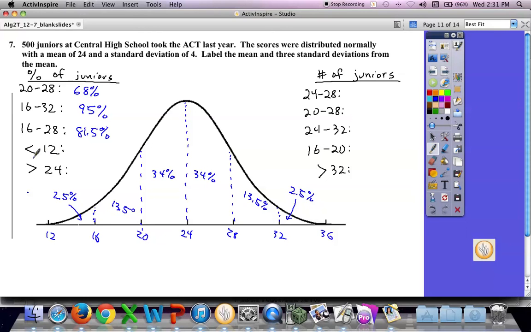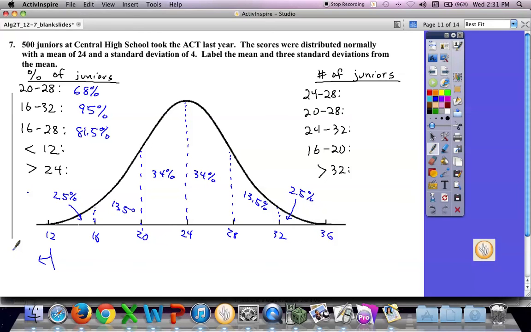Okay, now what percent is less than 12? Meaning to this side of 12. Okay, is it 0.3? 0.15 actually. Now listen, if you look at their percentages here, you would think it's 0 because these add up to 100%.